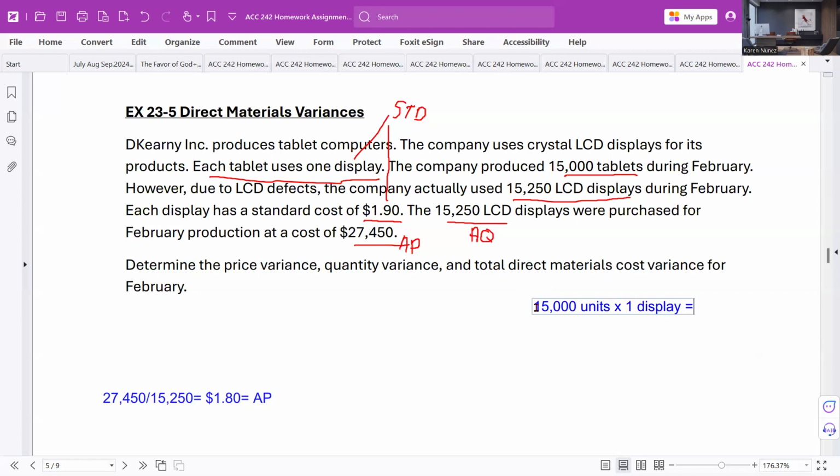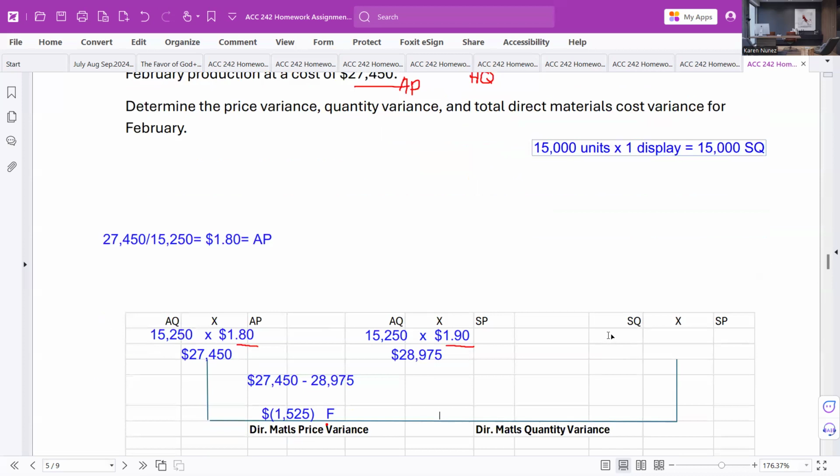That gives us 15,000 as the standard quantity. That's what they should have used. They should have used one display for each tablet made, or 15,000. So 15,000 of these tablets times the standard price of $1.90.